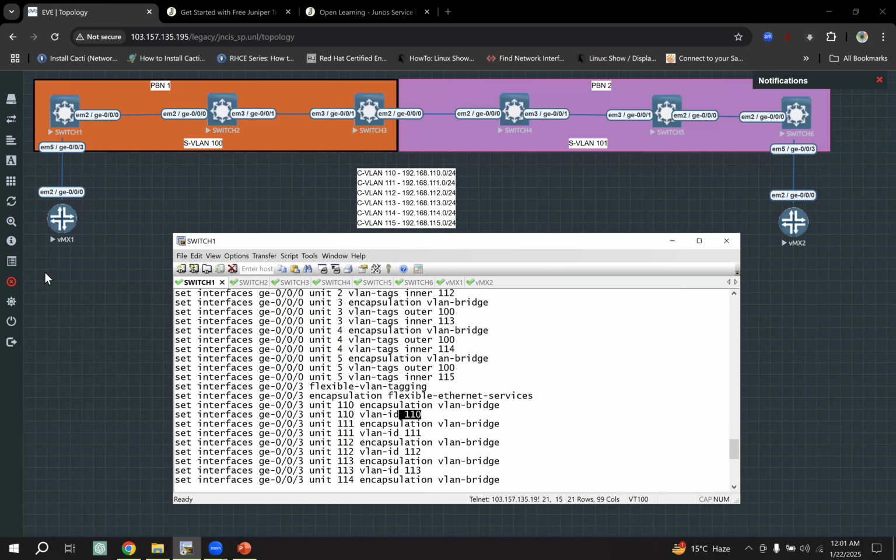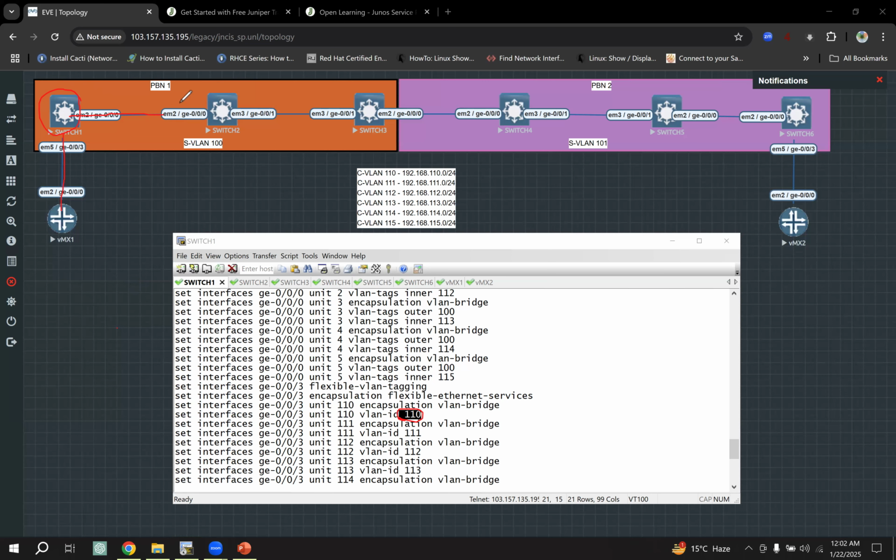So consider here the customer sending a frame attaching CVLAN 110. They are tracking this frame in Switch 1. When Switch 1 forwards this frame towards ge-0/0/0, ge-0/0/0 doesn't understand VLAN 110.